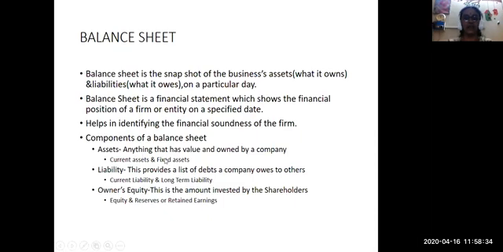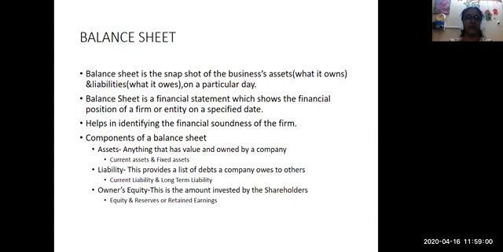Liability provides a list of debts a company owes to others, which are categorized, same as assets, into current liability and long-term liability. The next important item is owner's equity. This is the amount invested by the shareholders, which consists of equity, reserves or retained earnings, and net profit of the business.